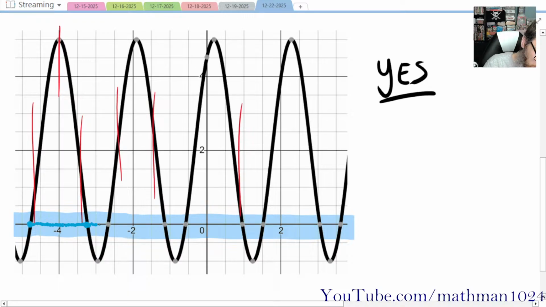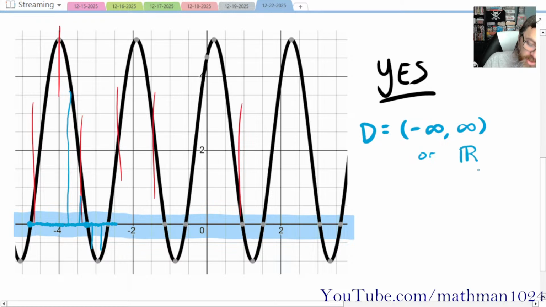And it just keeps on going left and right. So you see that, this point goes down to here and here. This one goes up here, and so on. So we need all of these guys. So my domain will be all real numbers. So we can say negative infinity to infinity, or you can use this funny looking R symbol to represent the set of all real numbers.